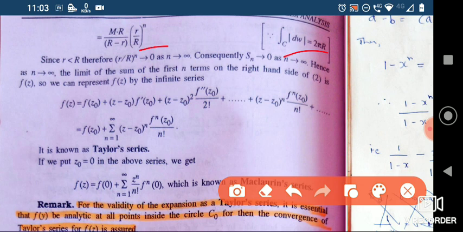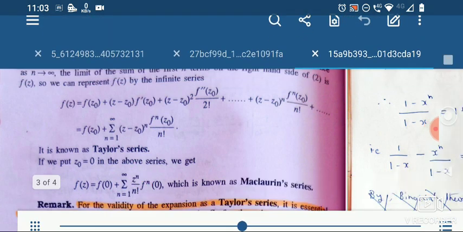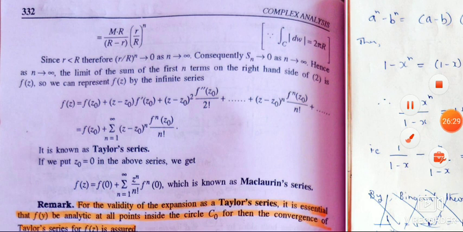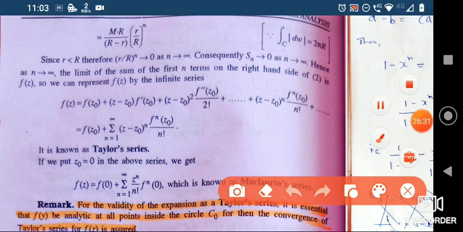Now we know that the circle with radius r is the smaller one and the circle with radius R is the bigger one. By that we can say that small r by capital R is lesser than 1, because small letter r is smaller and capital R is bigger.